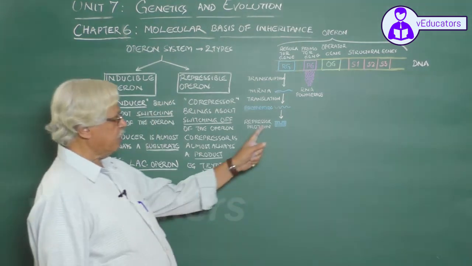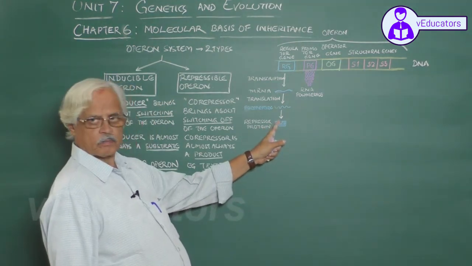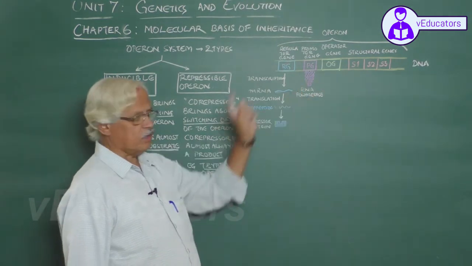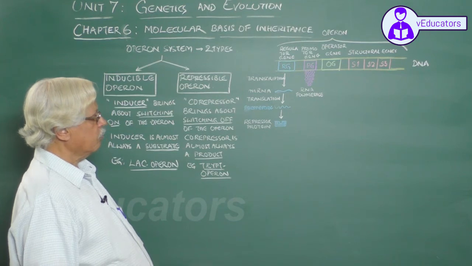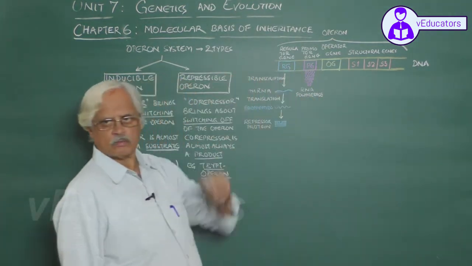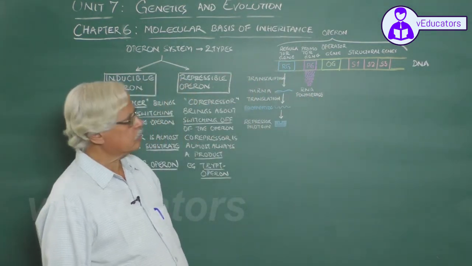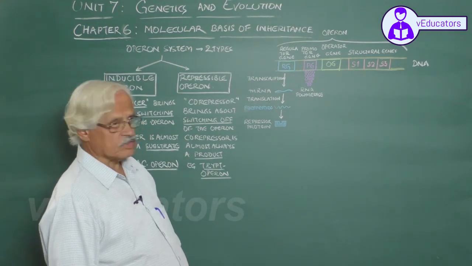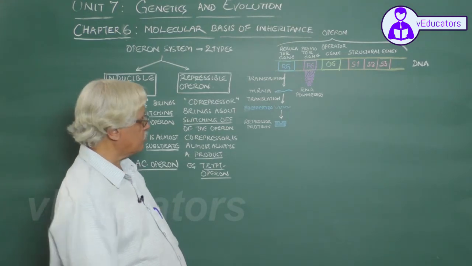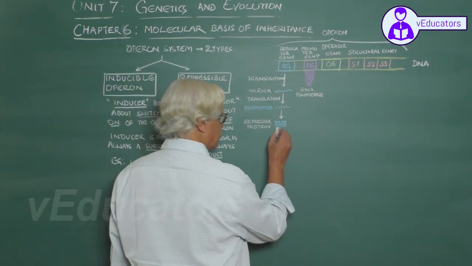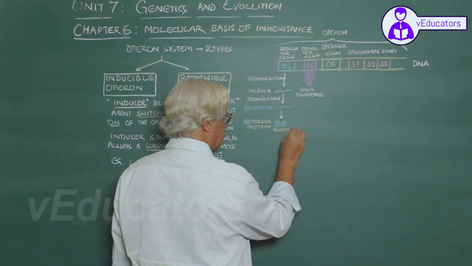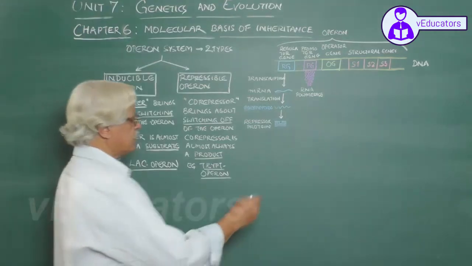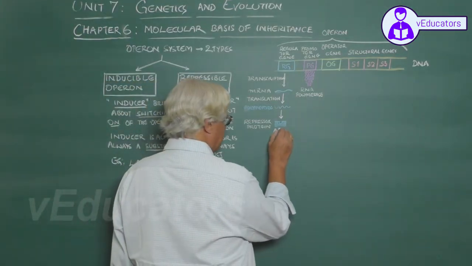So inducer will bind with the repressor protein. Repressor protein cannot therefore bind with the operator gene. Therefore, RNA polymerase is allowed. Hence, protein synthesis can take place.